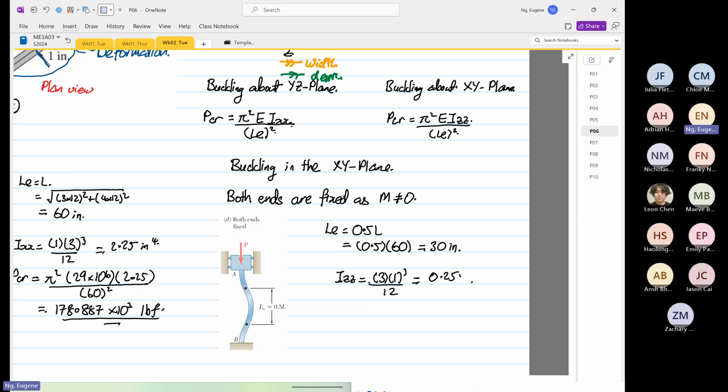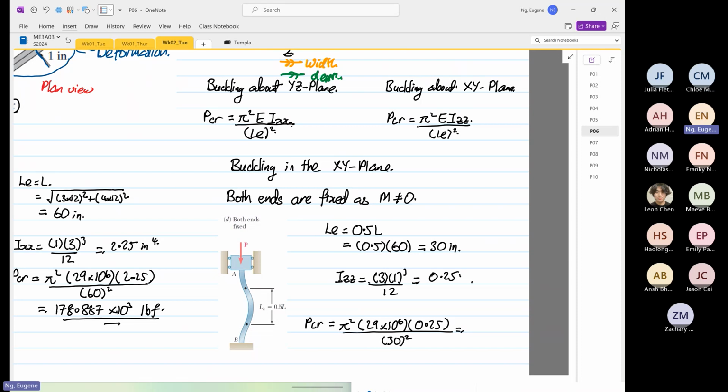Then from here, our P critical is equal to pi squared times 29 times 10 to the power 6. Then multiply by 0.25 and then divide by 30 squared. Okay.